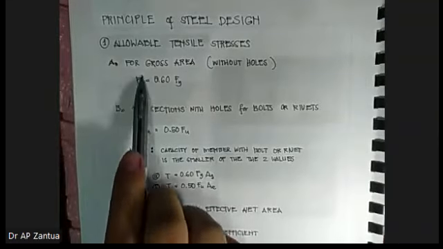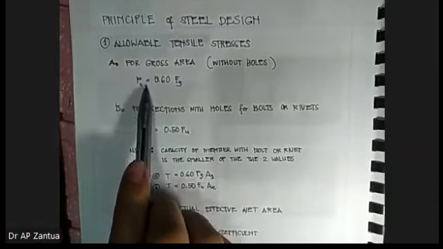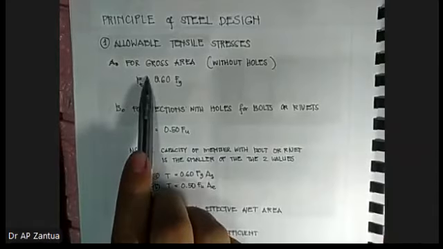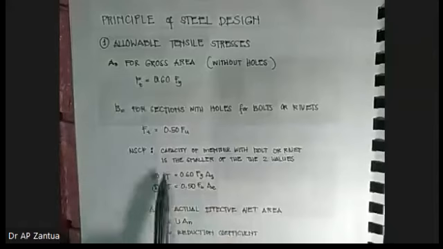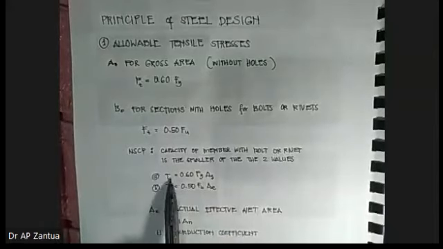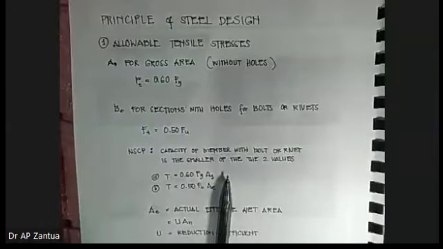So do not interpret this as force. This is stress or pressure. This is T, this is force. That's why in civil engineering, they started to mix up the symbols.